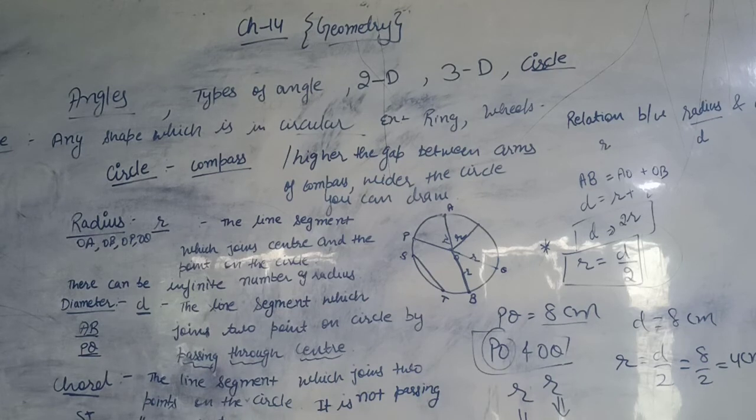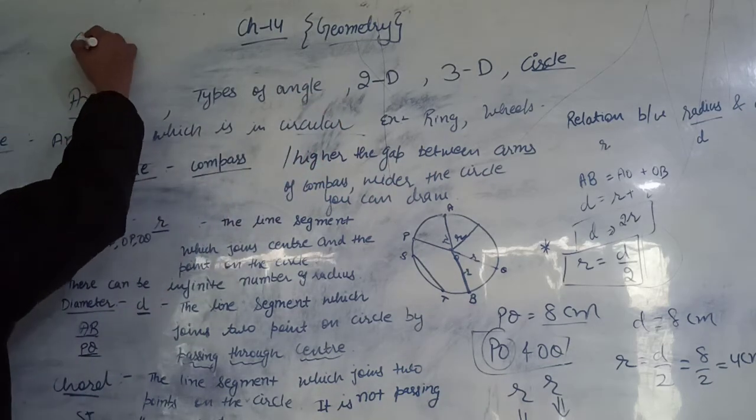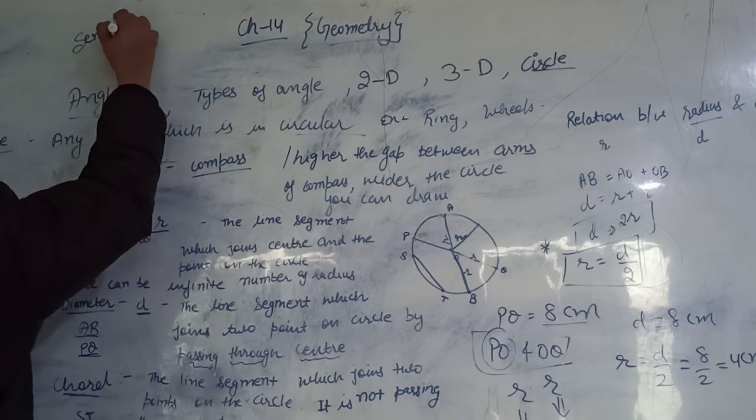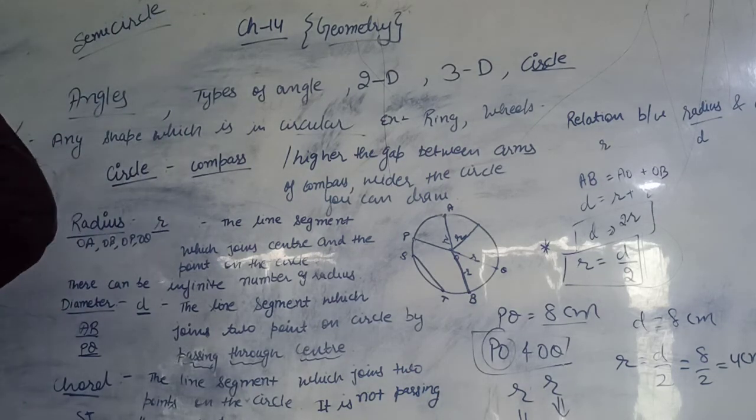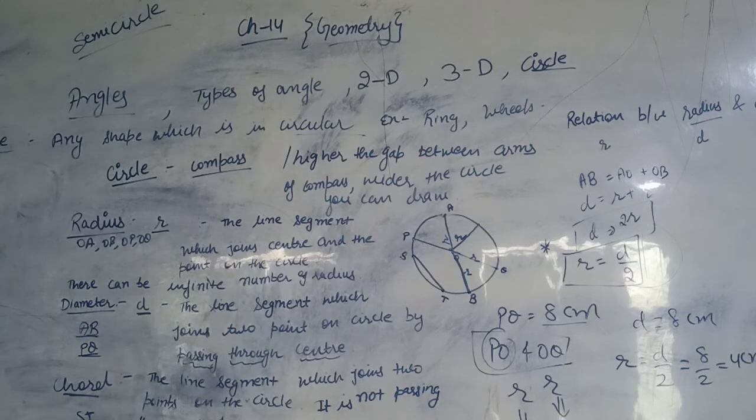Next topic in the circle, that is semicircle. As the word semi is used, it means half of the circle. Semicircle means half of the circle.